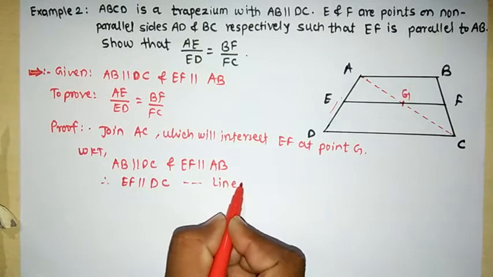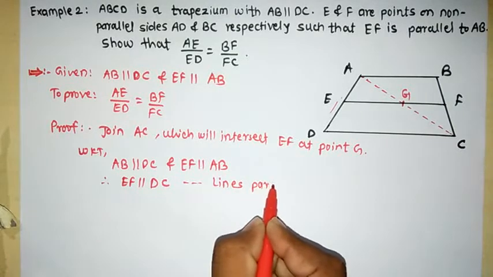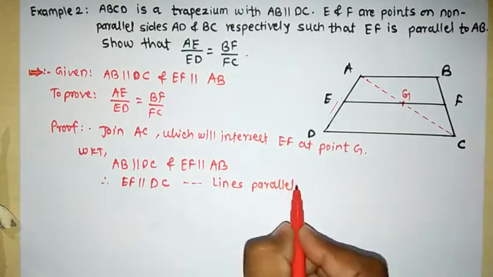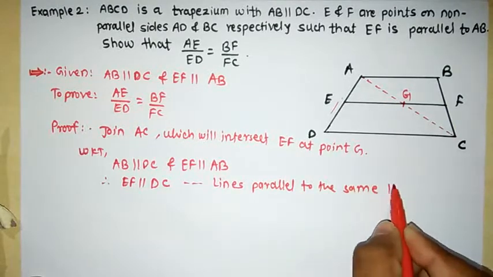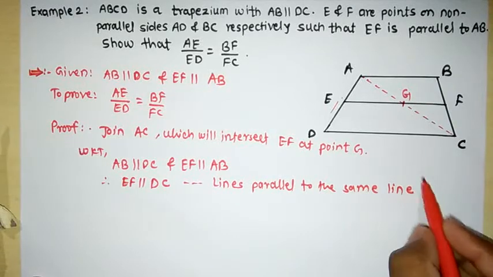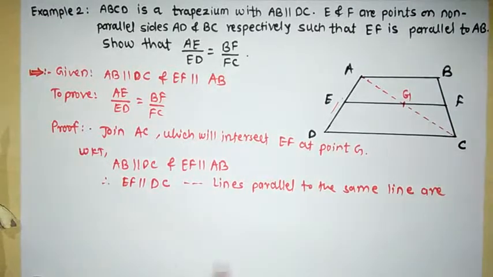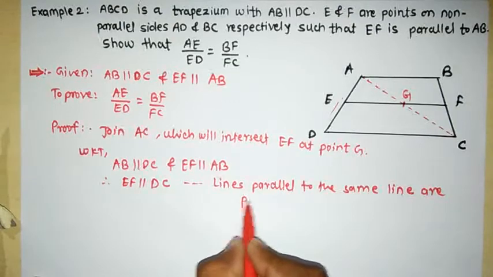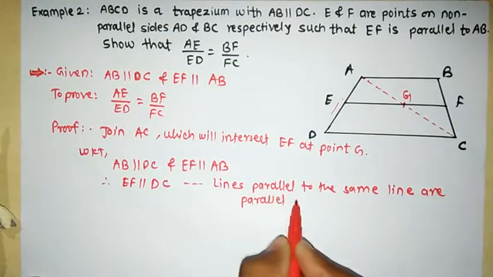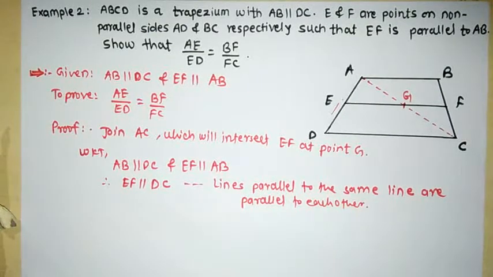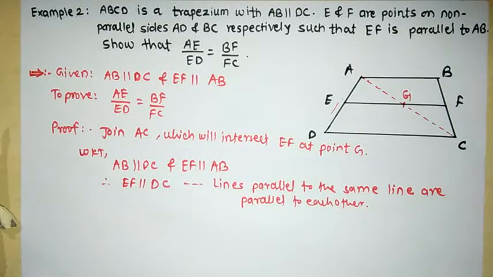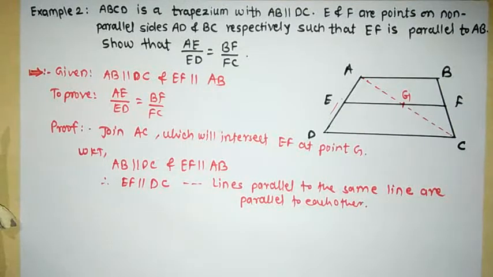Lines parallel to the same line are parallel to each other. ये हमने देखा है क्लास 9 में. If the two lines are parallel to the same line, then the lines are parallel to the third line also. That is each other. दोनों भी same होगा, parallel होगा.